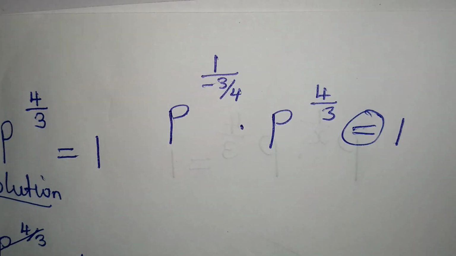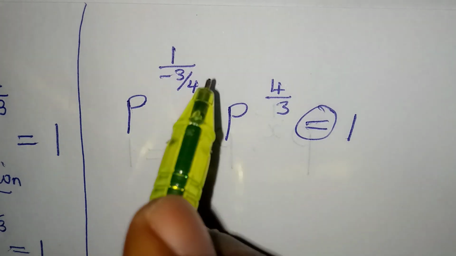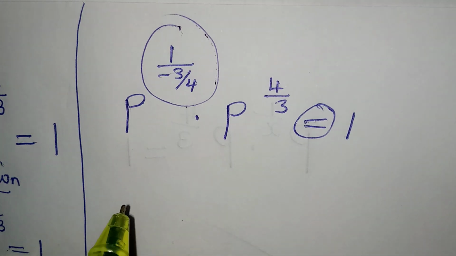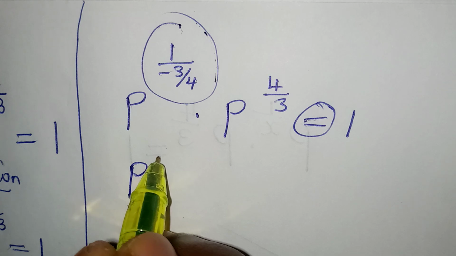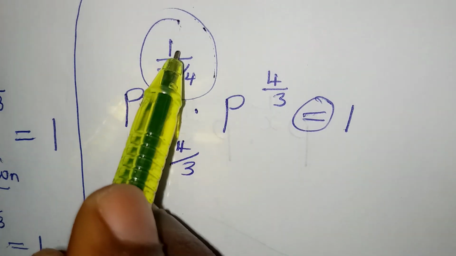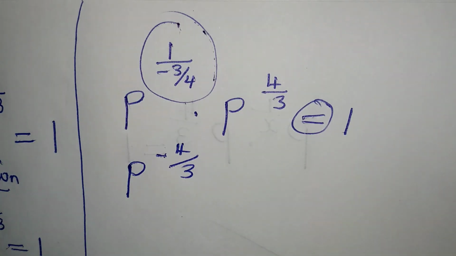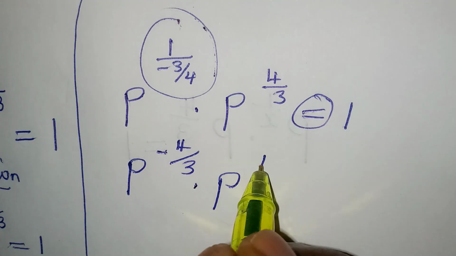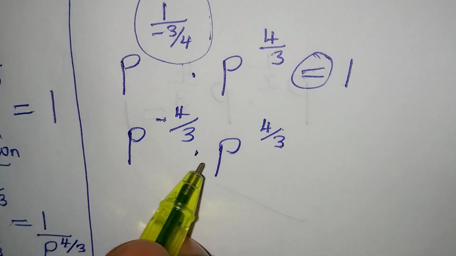Now let's proceed from here. First of all, I will work on this, and we'll have P to the power of minus 4 over 3, multiplied by P to the power of 4 over 3. Now we have the same base.